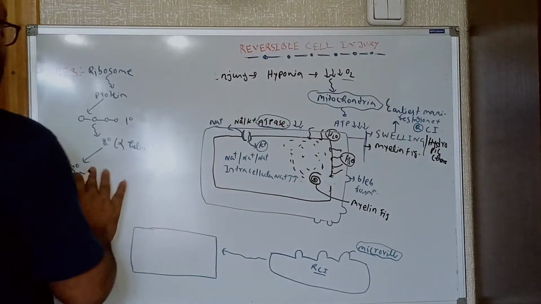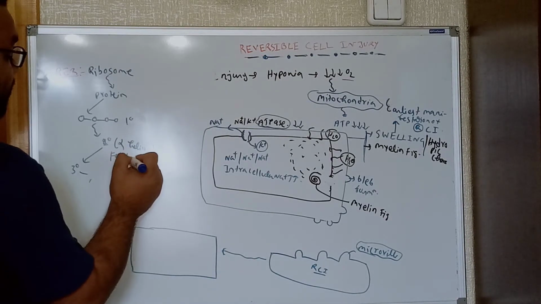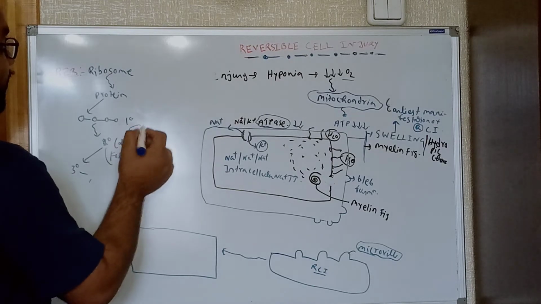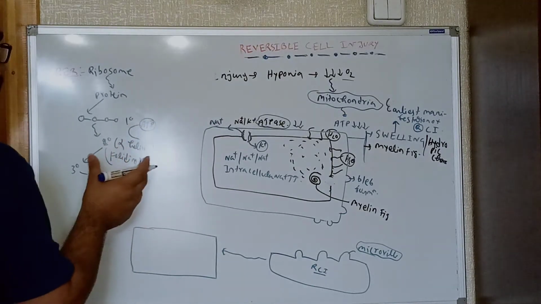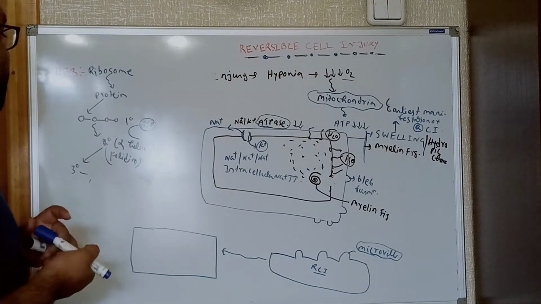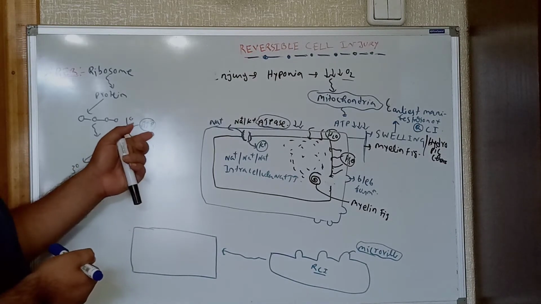In these cases there is folding of protein molecules, and here we need ATP. The ATP is utilized to make the folds within the protein molecules to get the perfect structure of the protein. Whenever the protein is formed in the perfect structure, there should be ATP utilization.